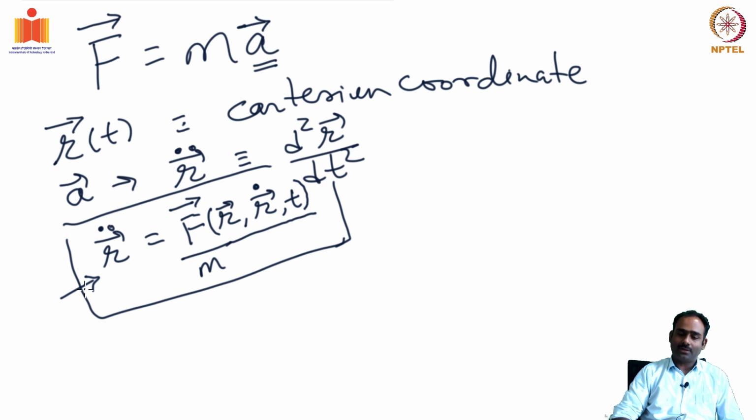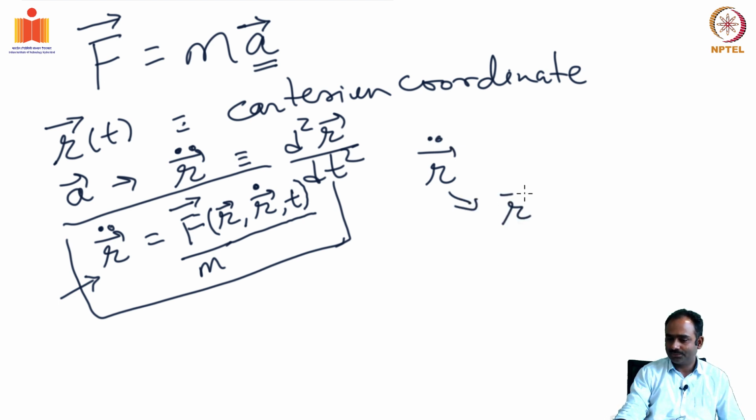Now that has to come from your experimentation experiences. You see, when you say it is second order in a time derivative, it means that the solution will involve two constants of integration. When you integrate it first, you will get down from r double dot to r dot, and you will have a constant of integration, let's call it C1, which cannot be determined by this equation, that's a physics input.